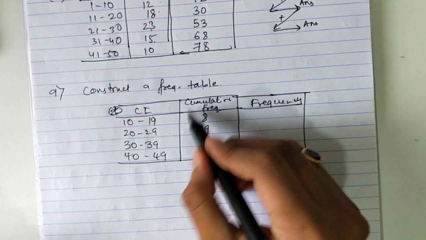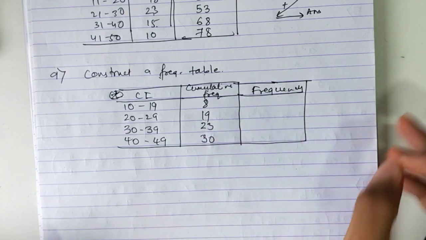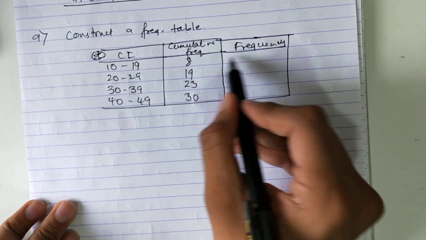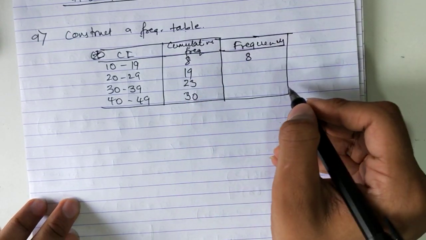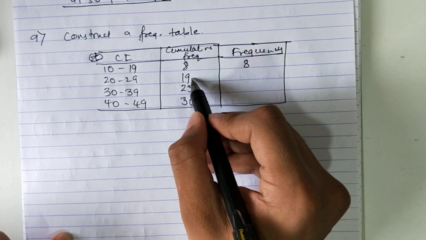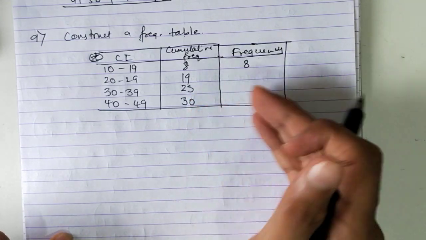Now the cumulative frequency is already given. Now using the cumulative frequency, how to find the frequency? See, again copy the first value as it is. Now from this second value, subtract the previous value. Okay, see, we are doing the reverse process.